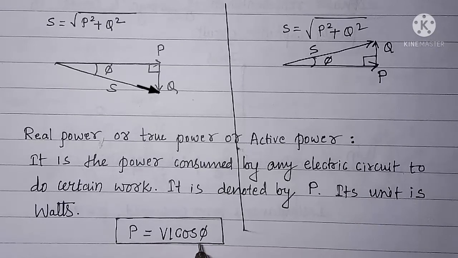In case of purely resistive circuit, cos phi is 1, therefore power will be equal to V into I. And in case of resistive and inductive circuit, cos phi value will be less than 1. So, real power or true power or active power in inductive or capacitive circuit will be less than the product of Vrms and Irms.